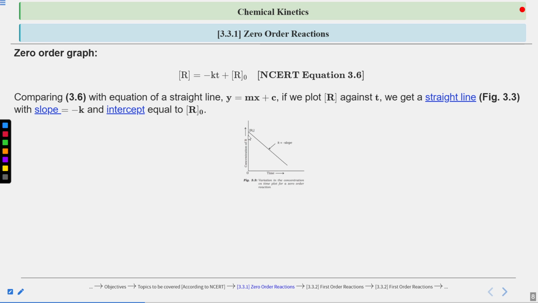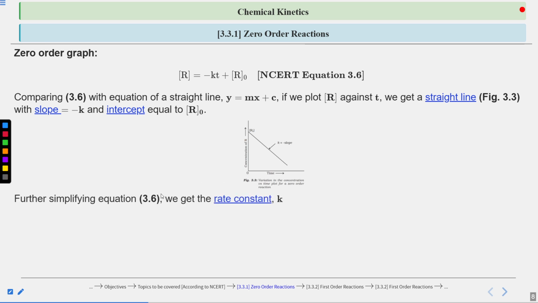That's the highest value of reactant initially at t equals 0, and with the increase of time, we get a straight decreasing graph, and the slope will be minus k. This is the variation in concentration versus time plot for a zero order reaction.